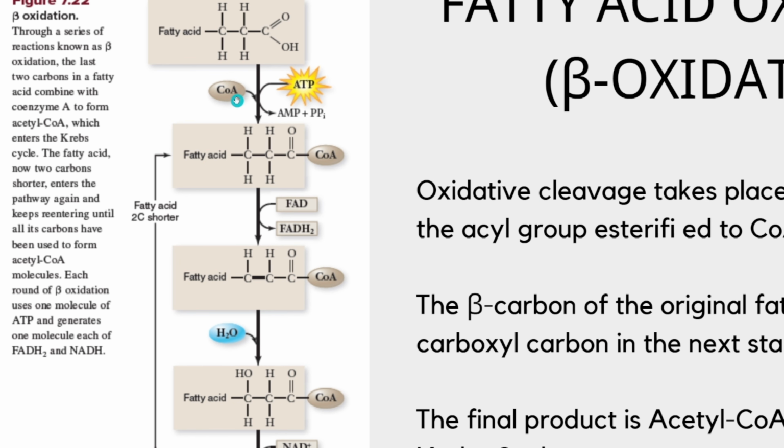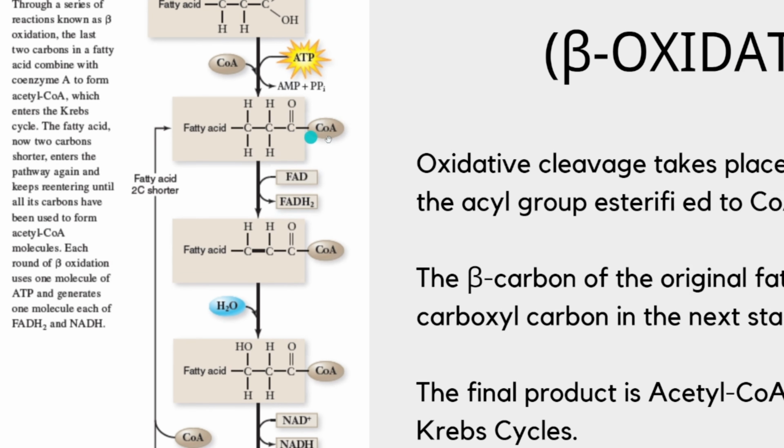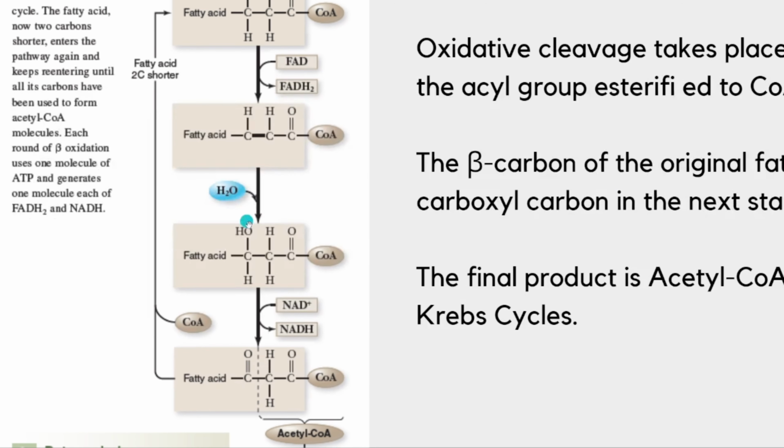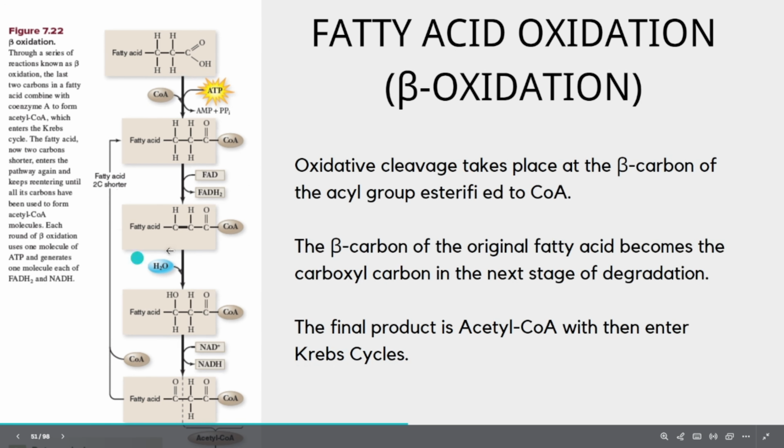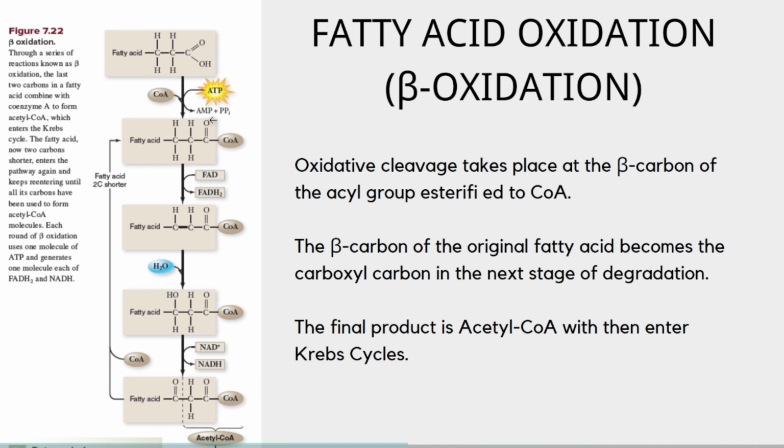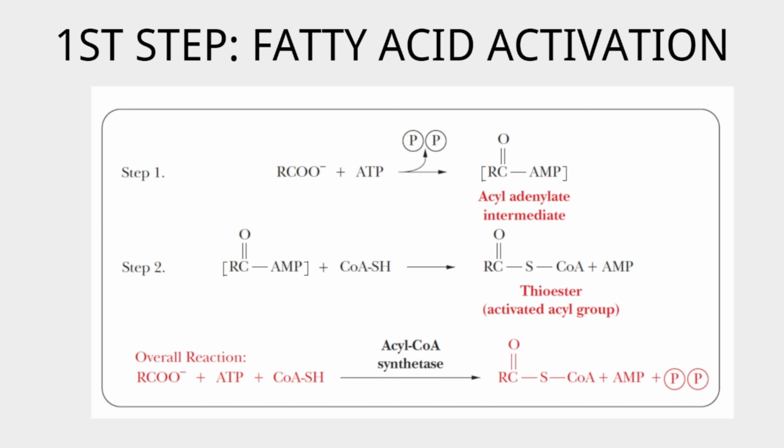Then this coenzyme A will bind to the beta carbon. Then it reacts with FAD to form FADH2, then undergoes a hydration reaction, forms NADH, and finally forms acetyl CoA. This diagram is very blur, so we go through it one by one first.